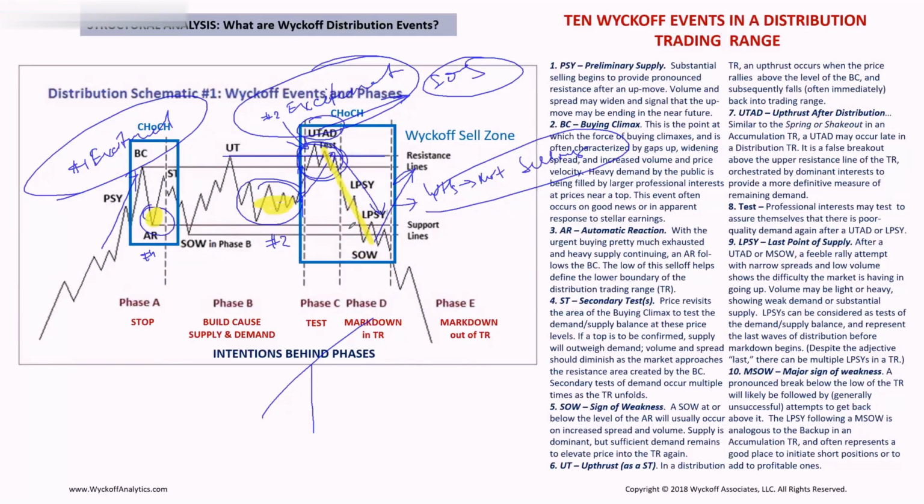So at this point of time, they do not give up on their position, whereas institutions are selling into that strength. There is really not a lot of strength, just because there is not a lot of bias on the last point of supply rally.